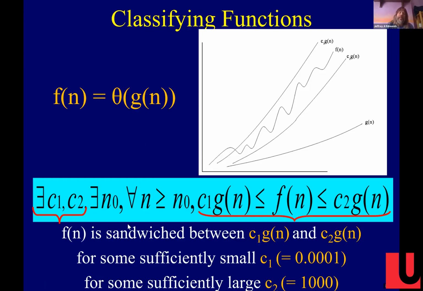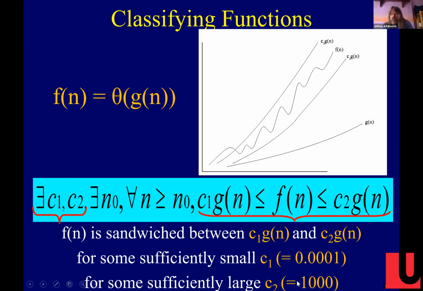All right, so then you might say, but which constants? Well, I'm claiming that there exist constants. All I need is to show you some constants for which it's bounded between, and I'm happy. So what's my C1 going to be? All these constants have to be finite and bigger than 0. Whenever I say a C, assume it's a constant bigger than 0. So here, 0.000001, that's a constant bigger than zero.